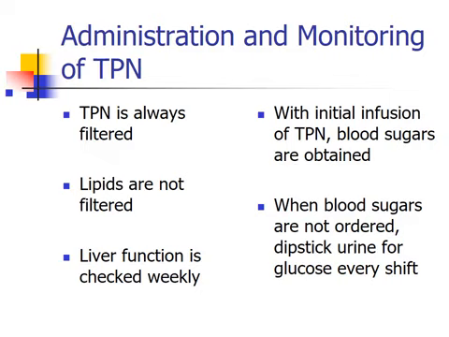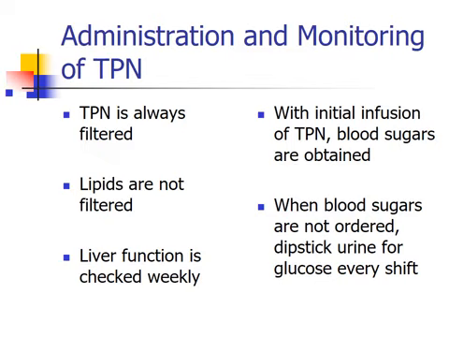Okay. So when you're starting an initial infusion of TPN, oftentimes they may check blood sugars, especially if it's a small baby, a neonate. You want to check blood sugars to see if they're tolerating the amount of glucose that is added to the TPN. Usually, if the blood sugar goes above 150 or so, which is the renal threshold, they'll spill in their urine.